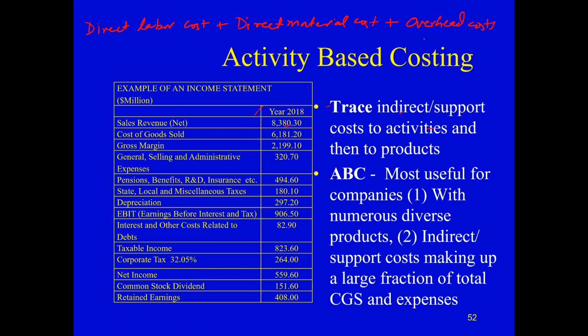And we are talking about how to allocate overhead cost by using activity-based costing techniques. We said that we trace the indirect support costs or overhead costs to activities and then to products, and we will see this by an example.